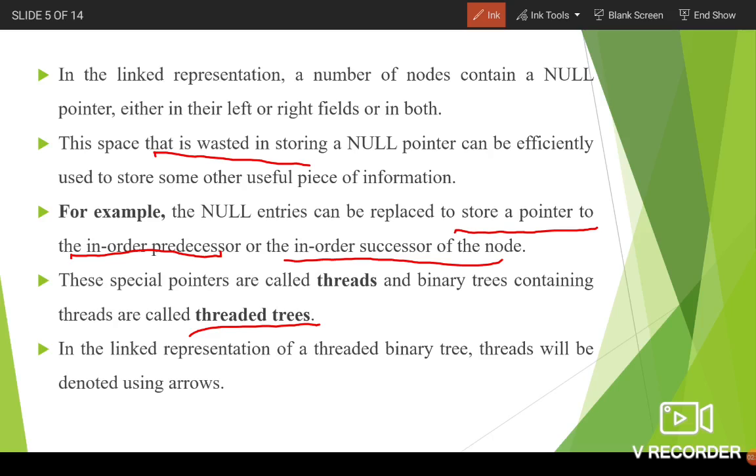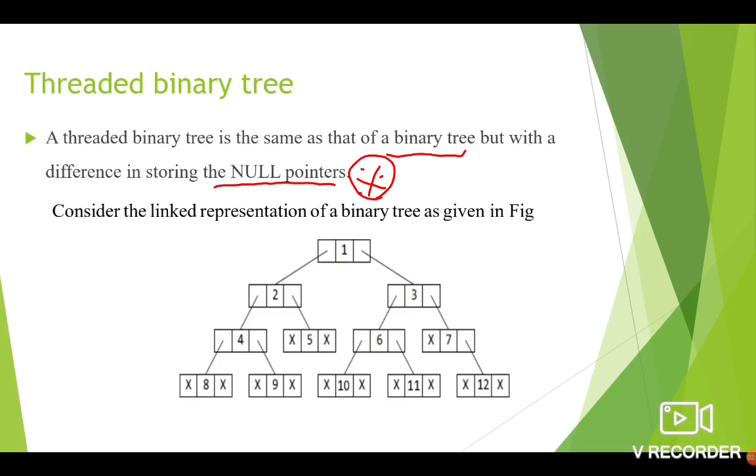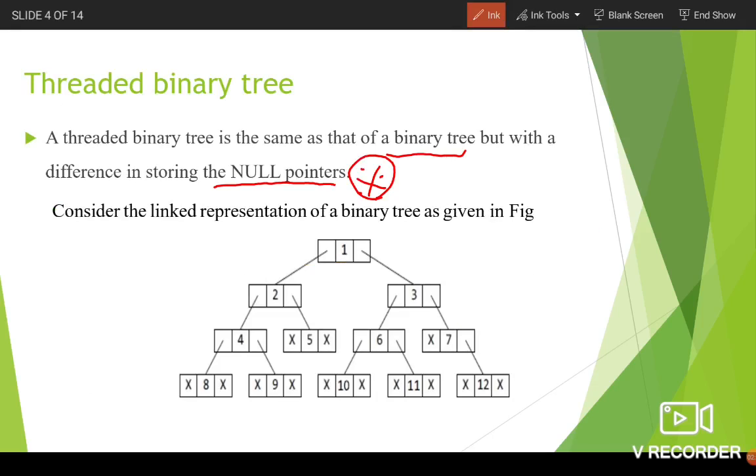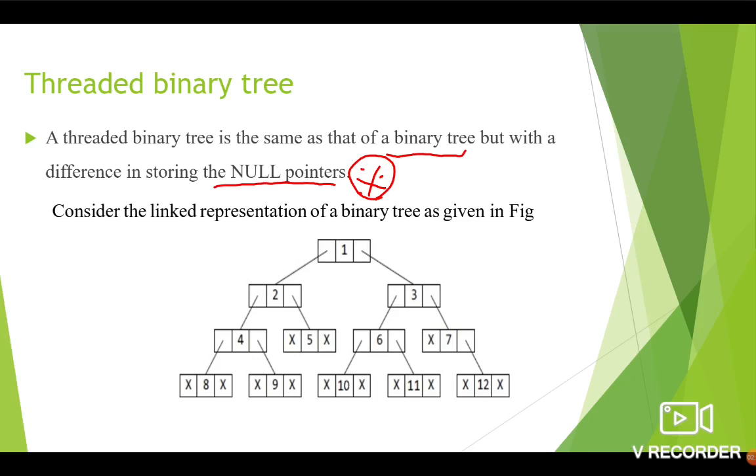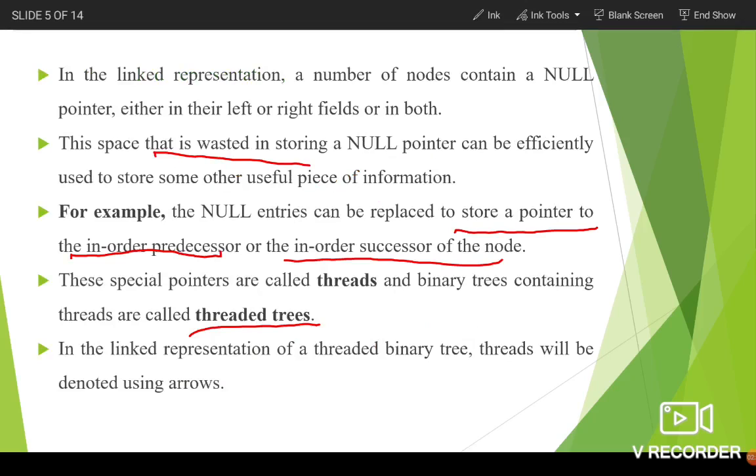Okay. So once again, what is a threaded binary tree? A threaded binary tree is the same as a binary tree. Then what is the difference? It is how it stores the null pointers. What happens if we store the null pointers in every node? It is a wastage of space and it leads to inefficiency.